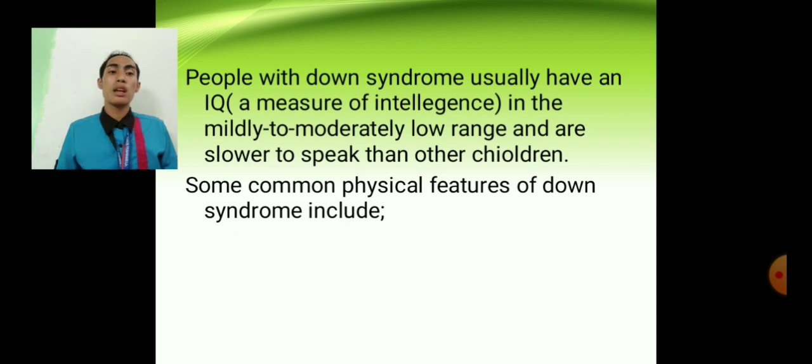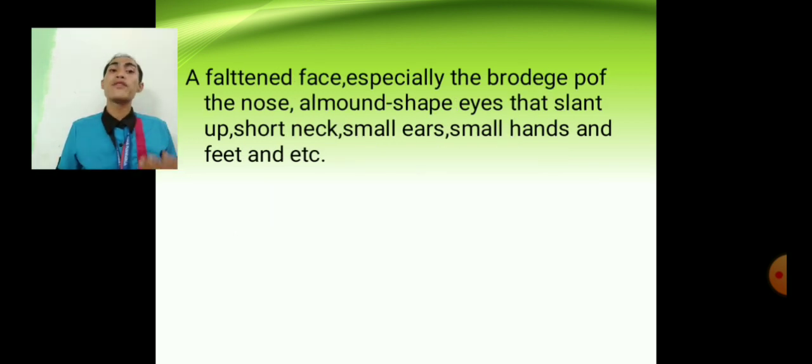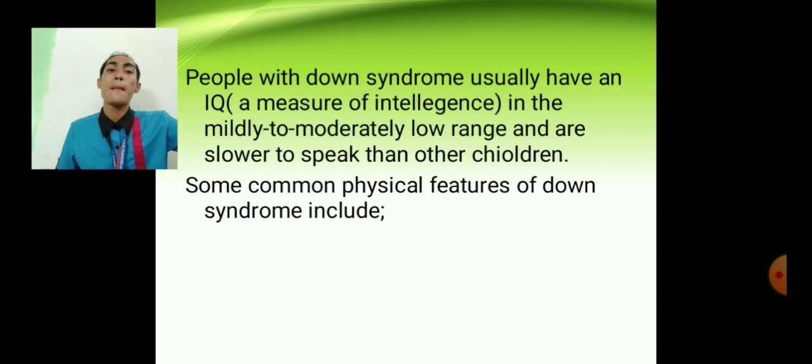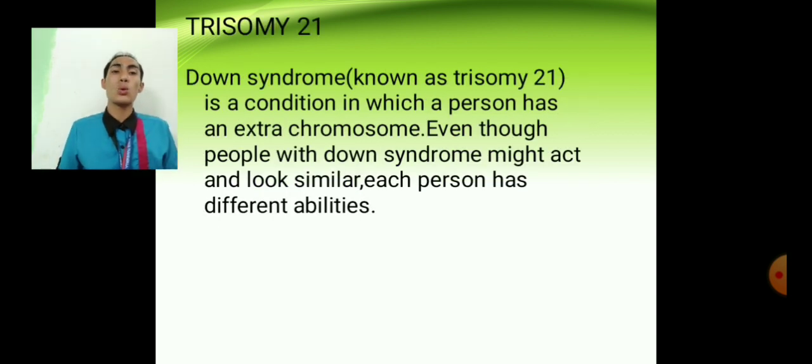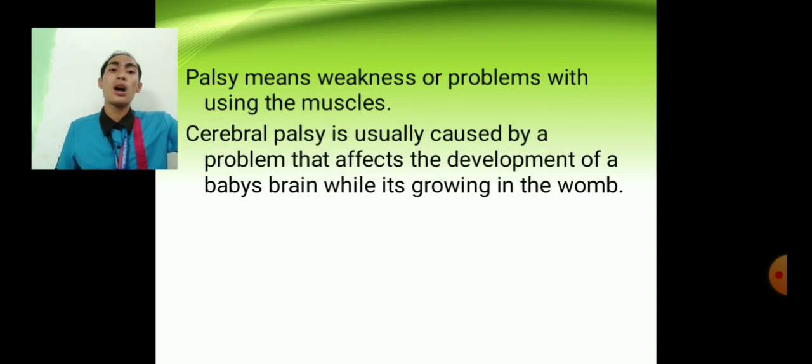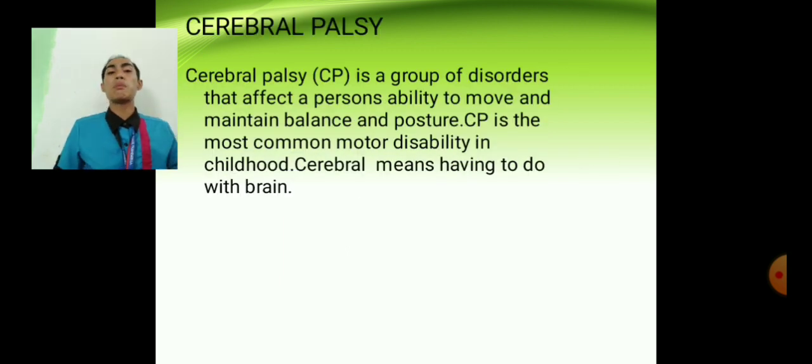Some common physical features of Down syndrome include a flattened face, especially the bridge of the nose, almond-shaped eyes that slant up, short neck, small ears, small hands, and feet. That's what we call trisomy 21.